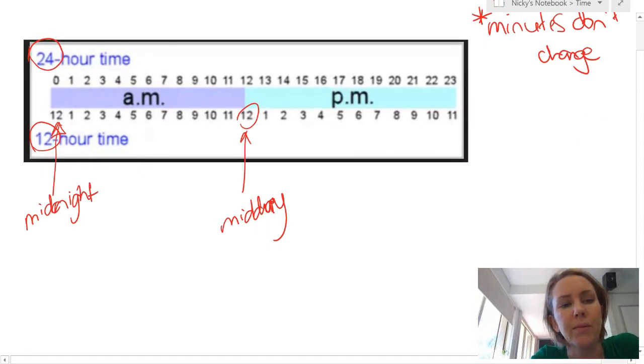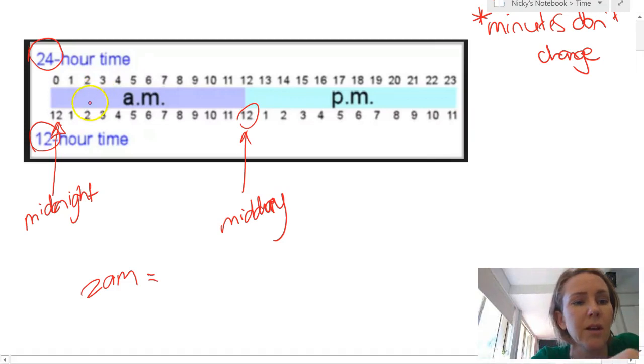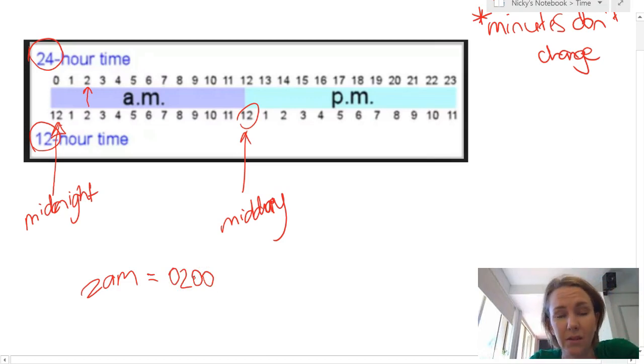Say if I had a time that was any time in the AM. Okay, so let's say we had 2 AM. This currently is 12-hour time. If I was asked to convert it to 24-hour time, in the AM hours, it remains the same. The way we would write it is slightly different, so it would be 0200, or 0200 hours is how you would say it if we were using the military version.